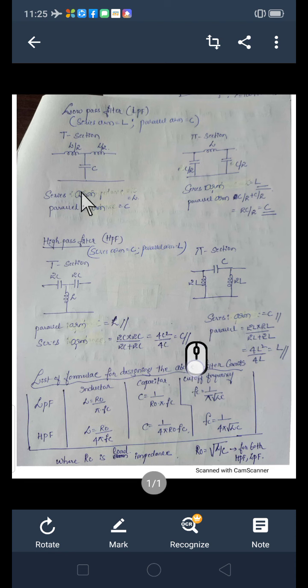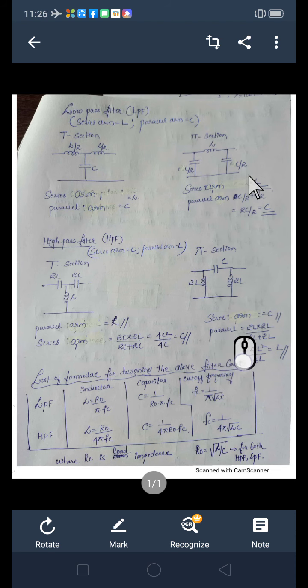But here there are two capacitors in parallel, and the effective value of this parallel combination should result in total C. Capacitors in parallel we just add. If this is C1 and this is C2, the net capacitance will be C1 plus C2. So here we have divided it as C by 2, so that C by 2 plus C by 2 will give you C.